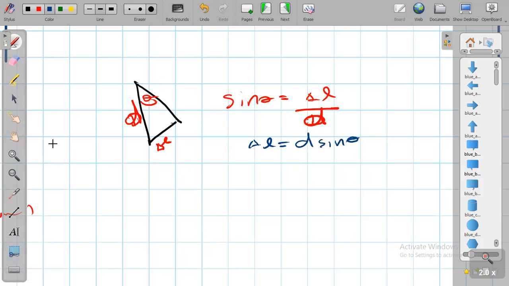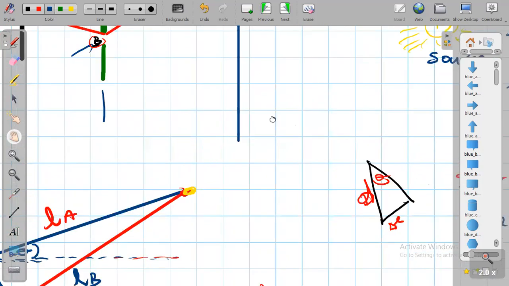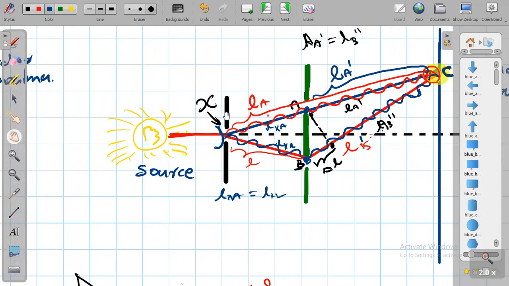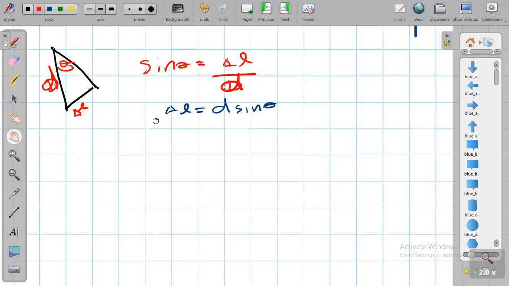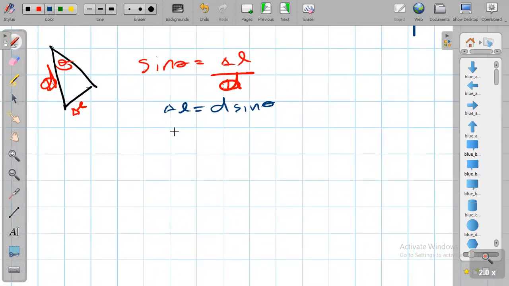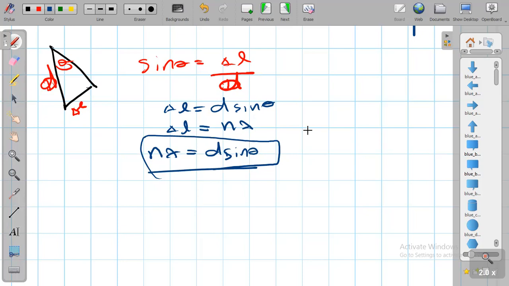And for constructive interference, a certain whole number of waves are exchanged additionally. What is delta L now? For constructive interference, we learned earlier, n times lambda. So the path length difference for constructive interference is n lambda. Now your equation: n lambda equals d sine theta. A very simple equation that you can obtain. Got it?